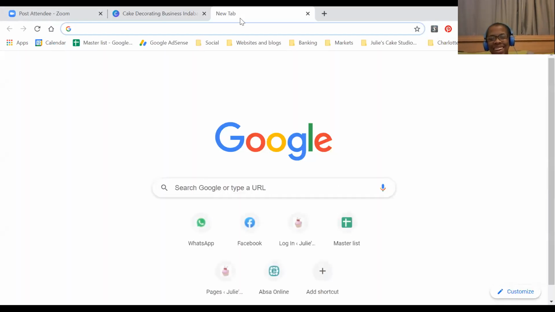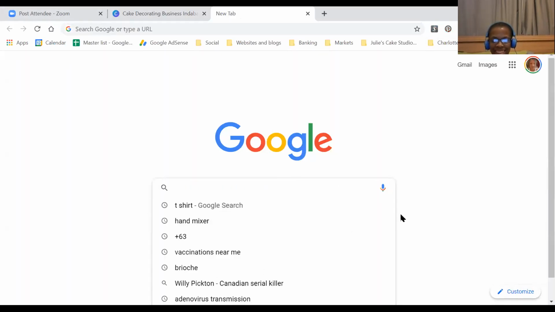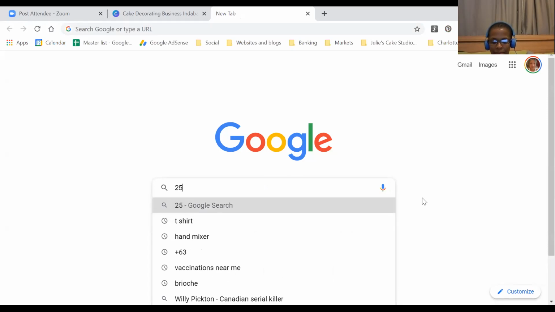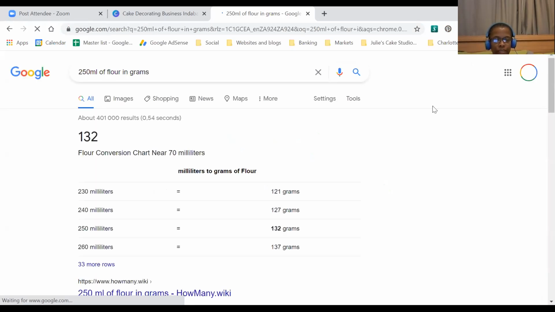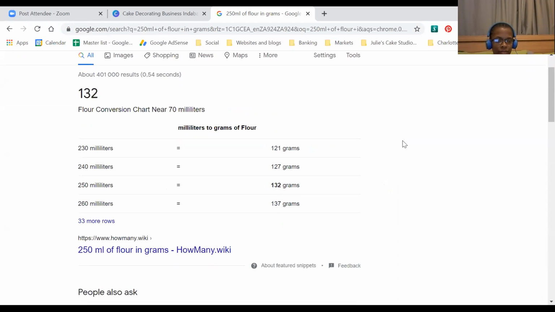Okay, so if you just wanted to type in here 250 milliliters of flour in grams, and it will tell you, there it is, it gives you a little chart. This comes from some website called howmany.wiki. There's lots of these things.